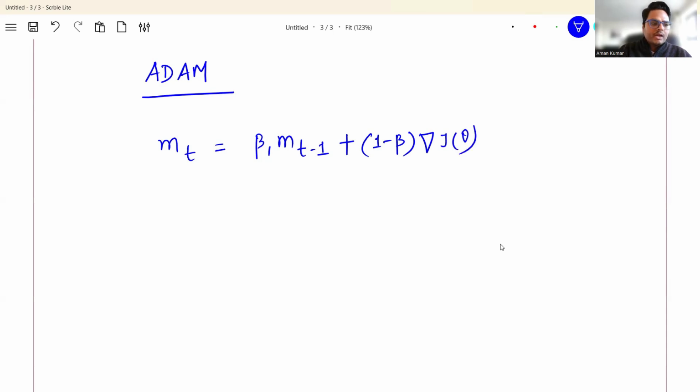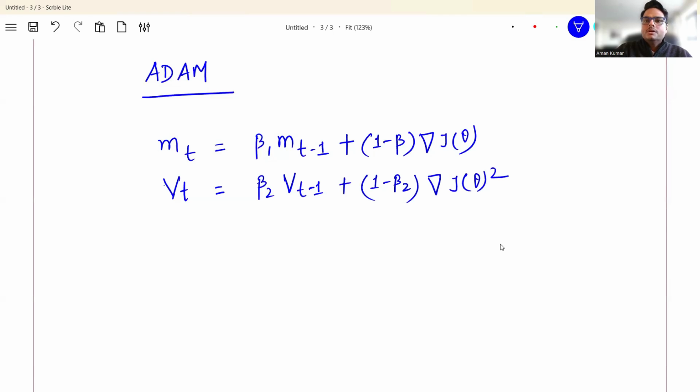And this is called the second moment, for Adagrad. If you remember the RMSprop formula, this is what we have done. This one right here should be beta 1, sorry. Here it should be beta 1.